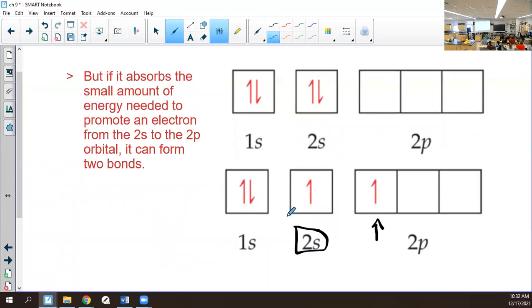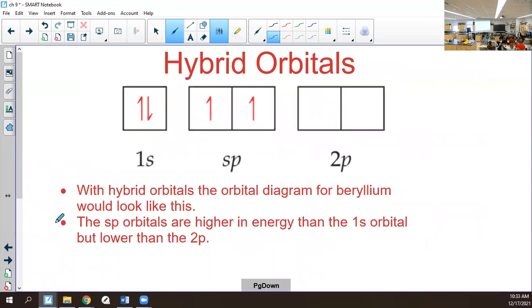So what we have here is an sp hybrid orbital. It means I have room to overlap one S and one P. Okay, let's look at another one.